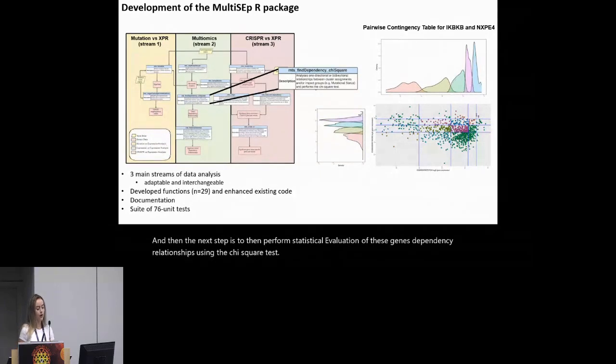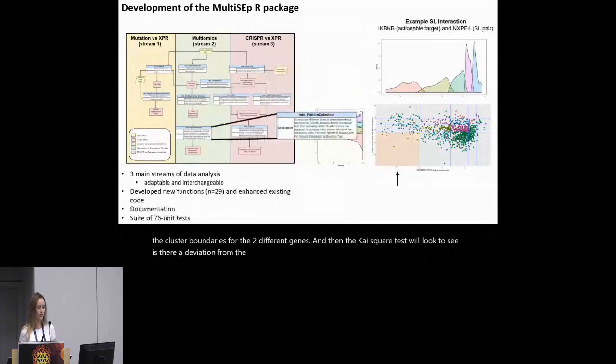An example of how the contingency table is constructed is shown here in the image on the right. And this shows in blue the different ablines which represent the cluster boundaries for the 2 different genes. And then the chi-square test will look to see if there is a deviation from the uniform distribution.